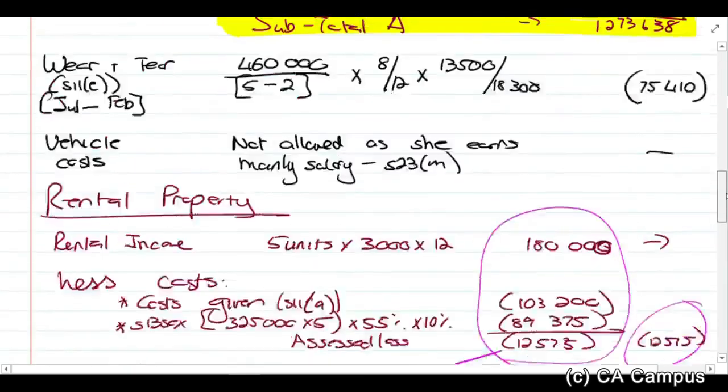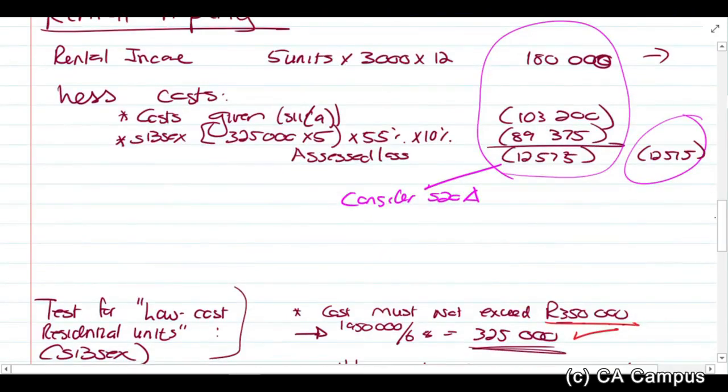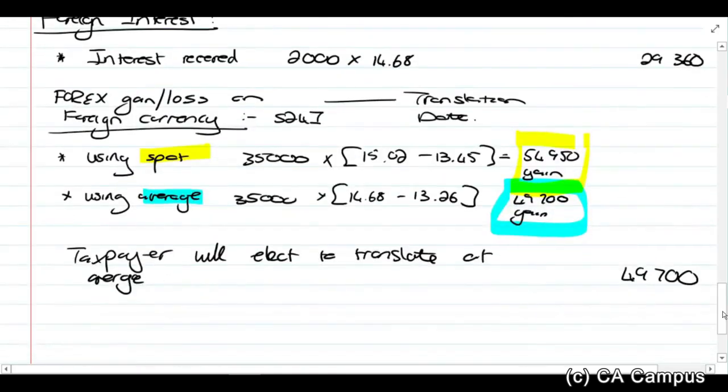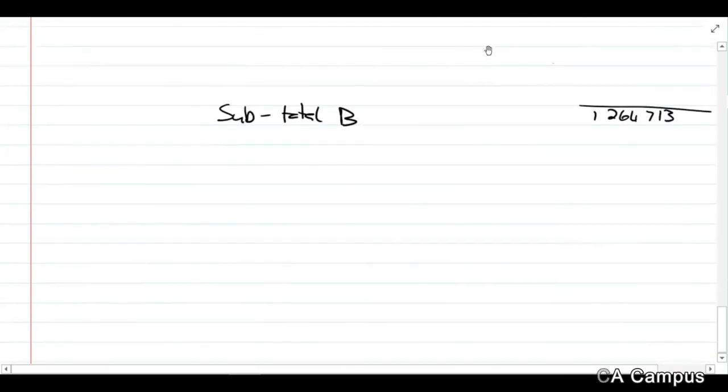So this is subtotal B. We add up everything we've got so far. Okay, 1, 2, 6, 4, 7, 1, 3.